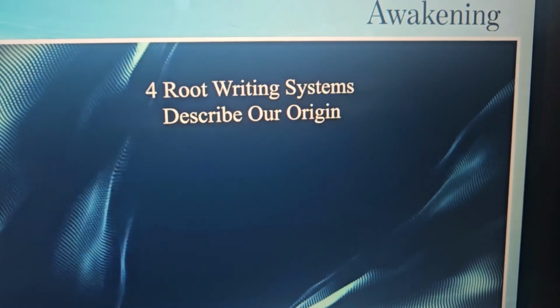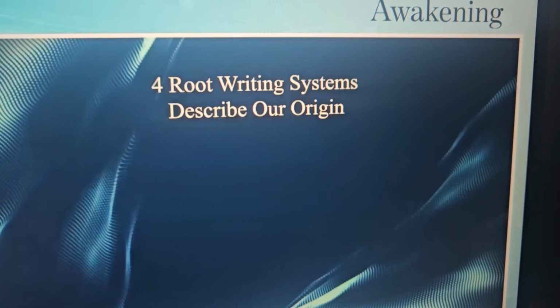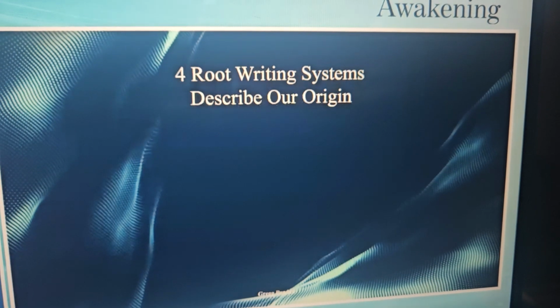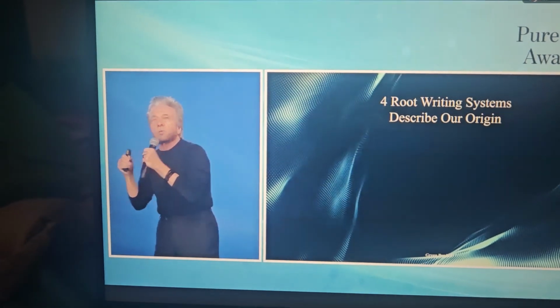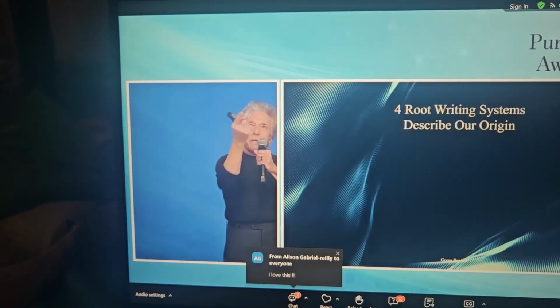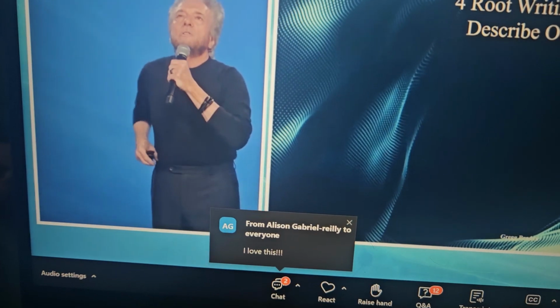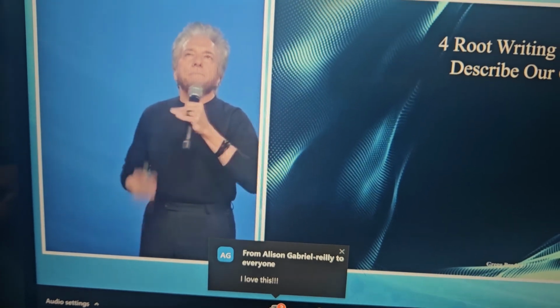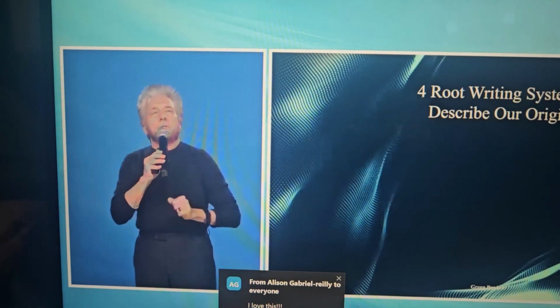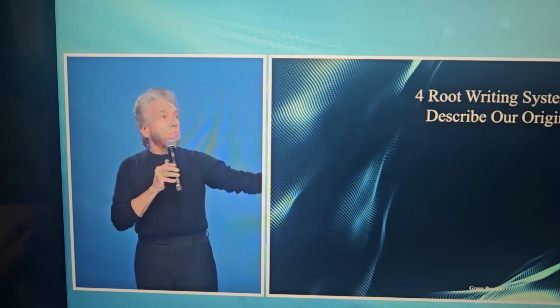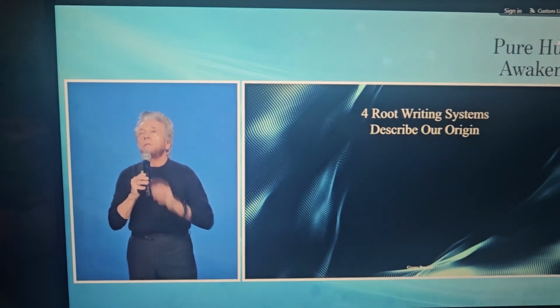Put that on hold just for a minute. Take the idea of those elements, set them over here, and shift gears, because we're multitasking brains. We can do this. Let's talk about ancient languages. There are 4 root writing systems that are the foundation for the ancient languages that we study today.